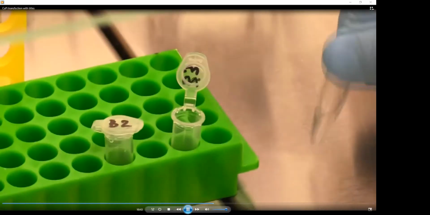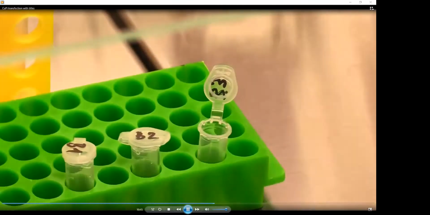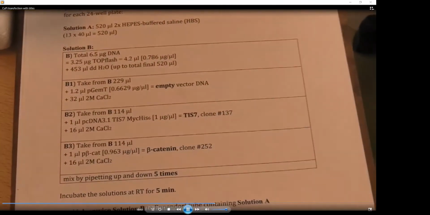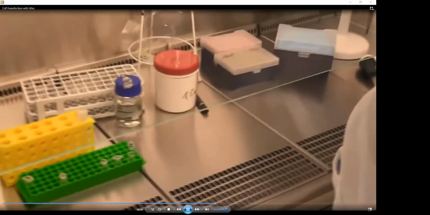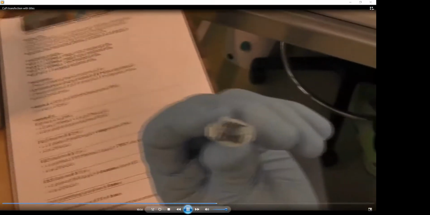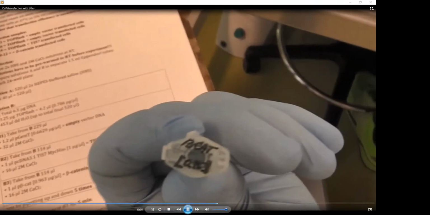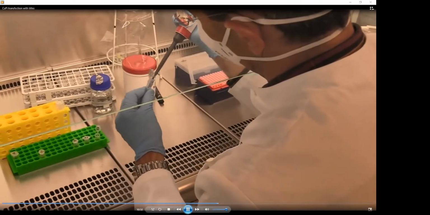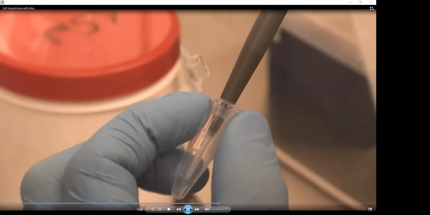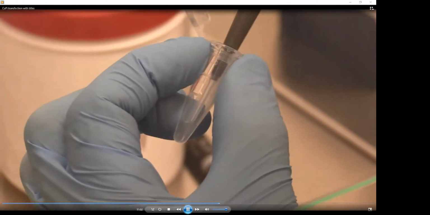Last sample contains then beta-catenin. In this case, it's also approximately 1 microgram per microliter. So we add 1 microliter of this beta-catenin, dropwise, pipette, mix up and down.